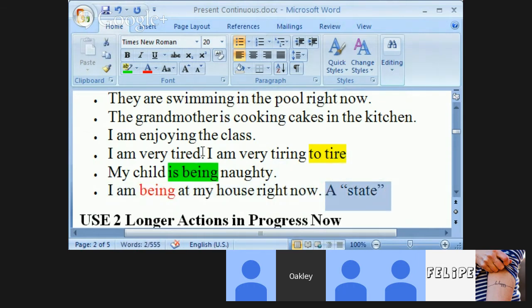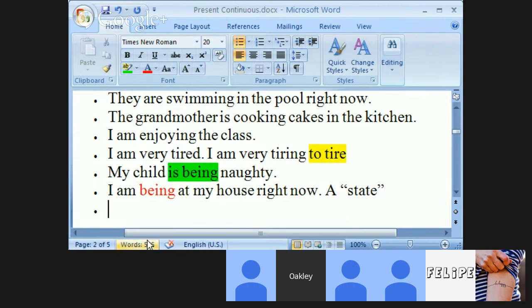So Mike is talking about his state. He feels very tired. He is very tired. We can't use a continuous verb to talk about a state. I can't say "the sky is being blue." It just doesn't work. So, okay. There you go. So, you have to be aware of that.